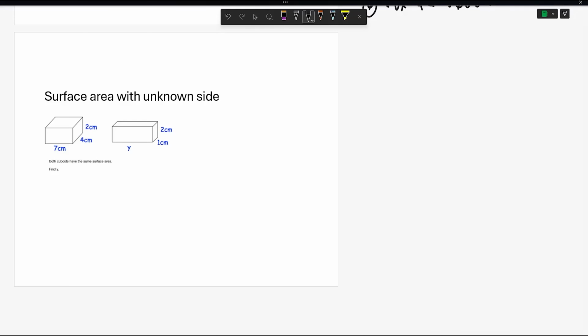First, you need to find the surface area. So we have all the numbers here in cuboid 1, so we're going to find the surface area of cuboid 1, and after that we will find your y.